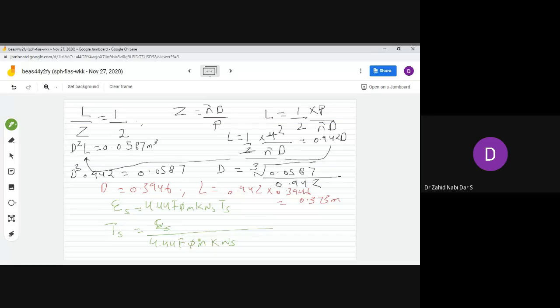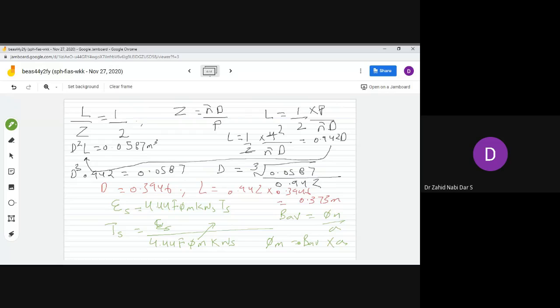All the values are there except this phi m value, but we are given B average. B average is equal to phi m by area, so in order to calculate phi m, you have to multiply B average with the area.